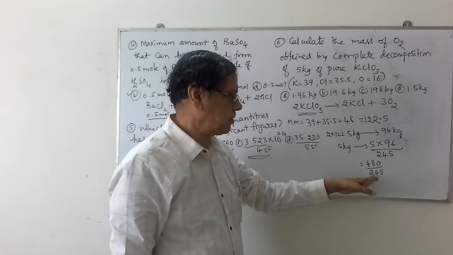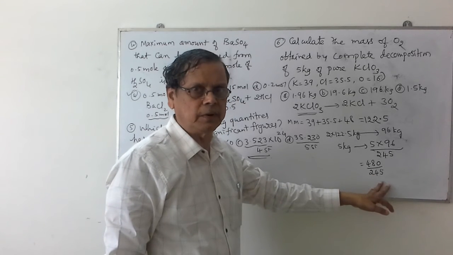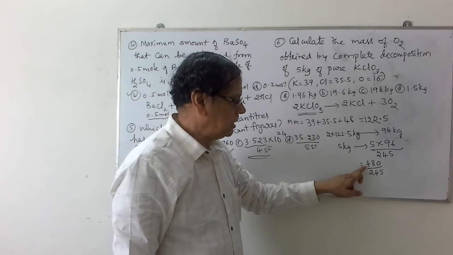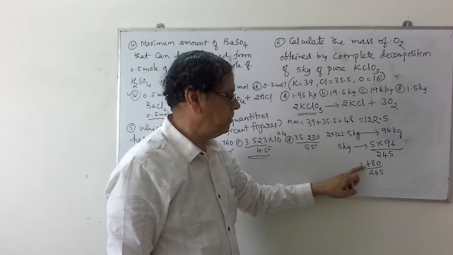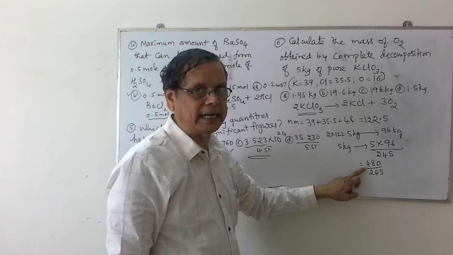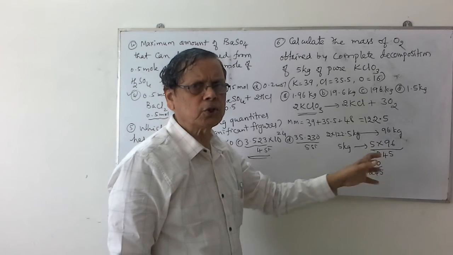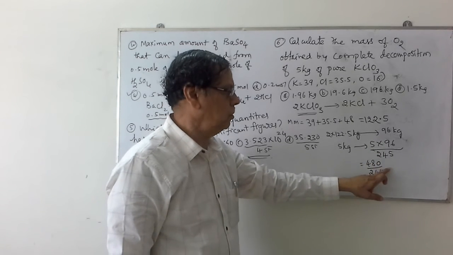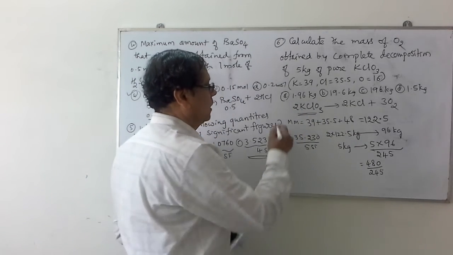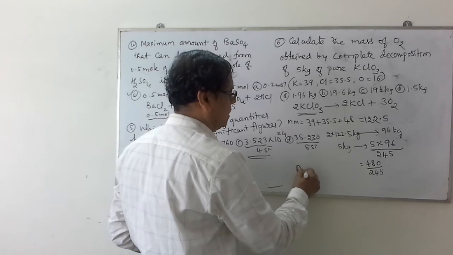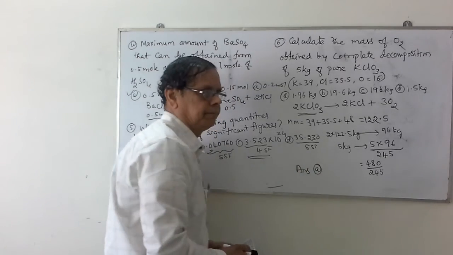You need not go for the actual calculation or simplification of this one. It is less than 2, that is if 245 is multiplied by 2, it will be 490. It is very close to 490, that is very close to 2. Therefore, it is 1.96. Therefore, the correct option will be answer A.